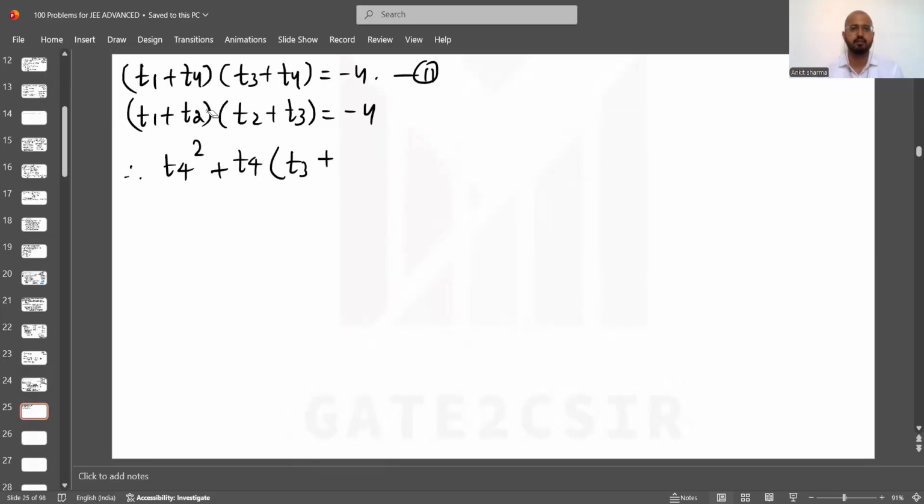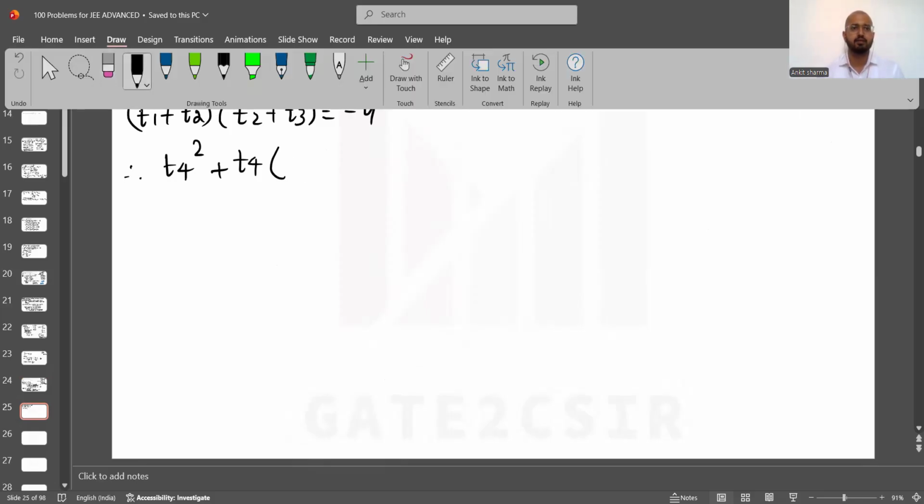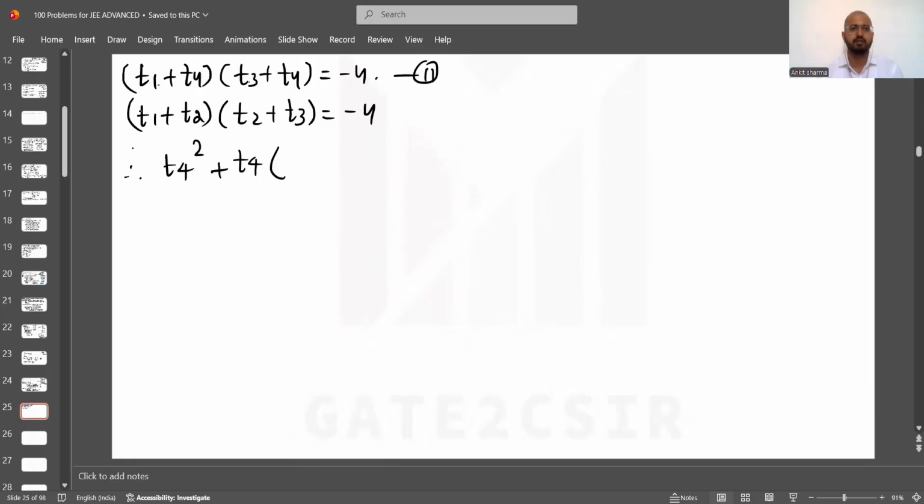Bad idea. t1 t3, t1 t4, okay. t1 into t3 I have, then t1 into t4. So this will be t1 plus t3, plus t1 t3, plus 4 is equal to 0.